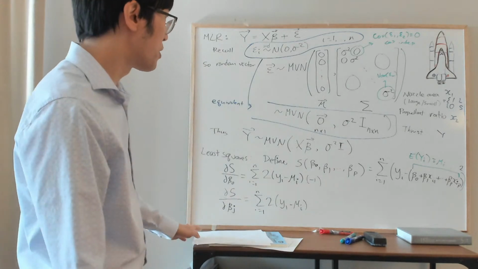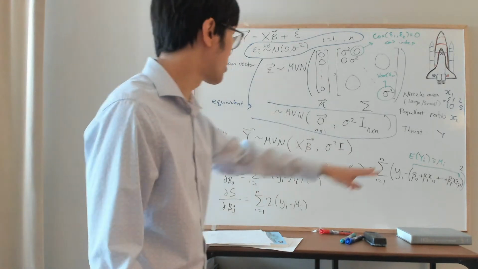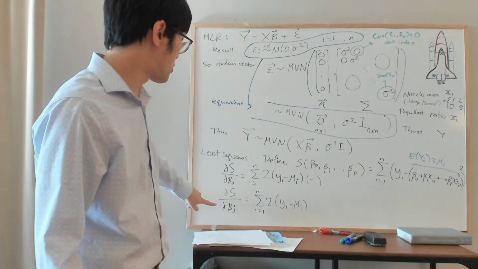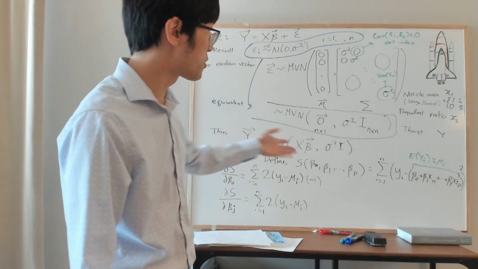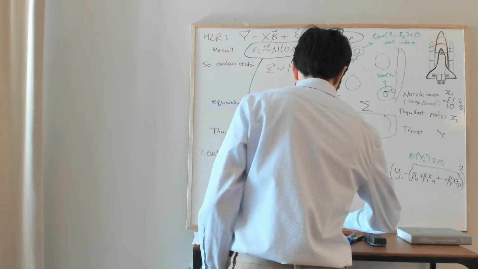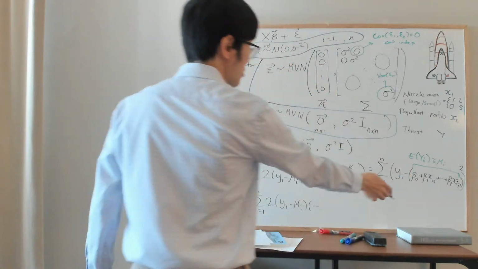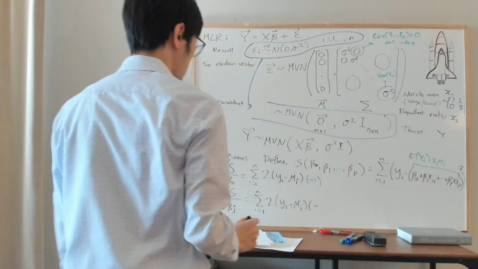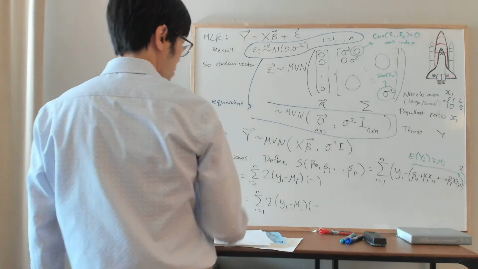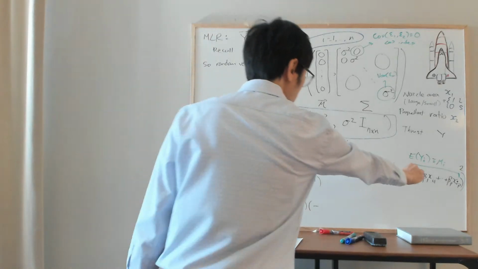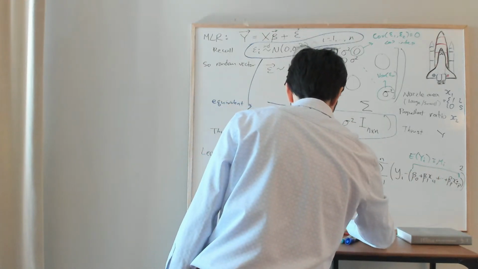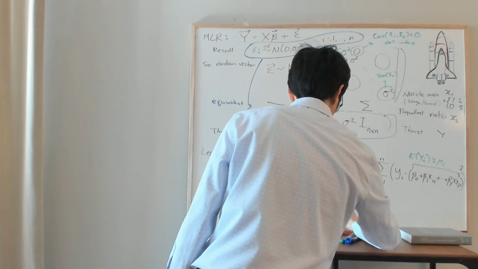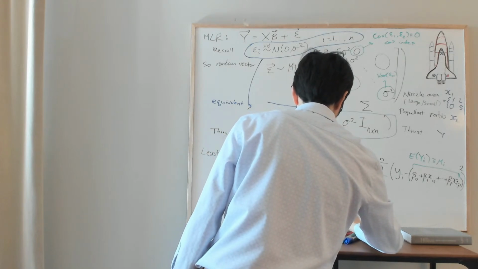And then we have the derivative of the inside part, and we notice no matter which beta you're taking the partial with respect to, what's left is minus the corresponding x next to that beta. So with respect to beta j, there's only one term that's left, and that's minus x ij.